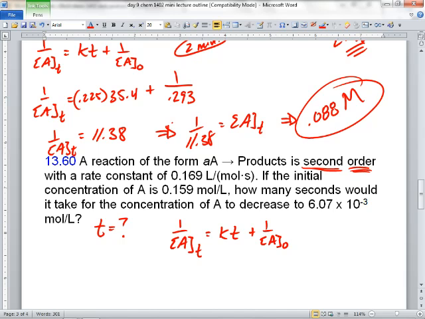Solve for t. So what variable is the 6.07 times 10 to the negative 3?